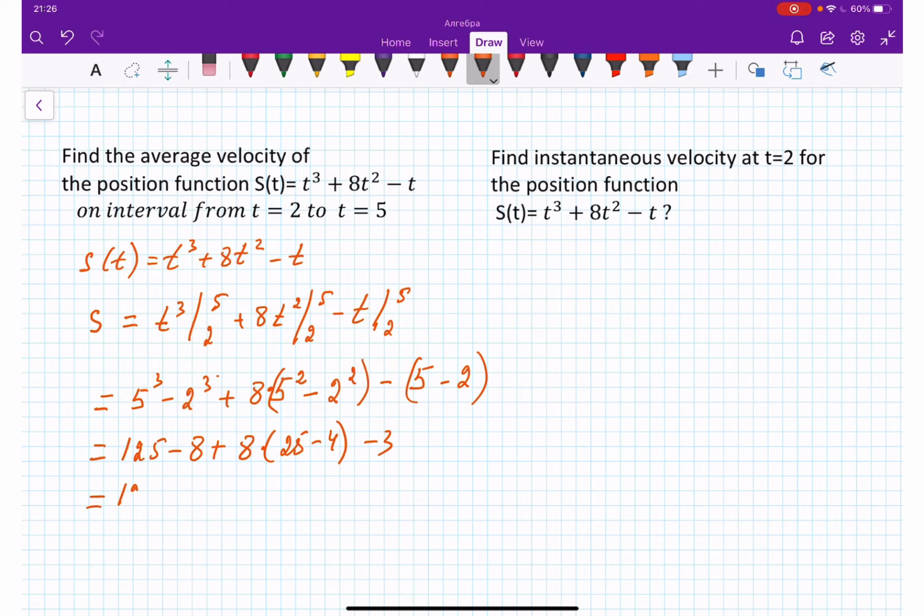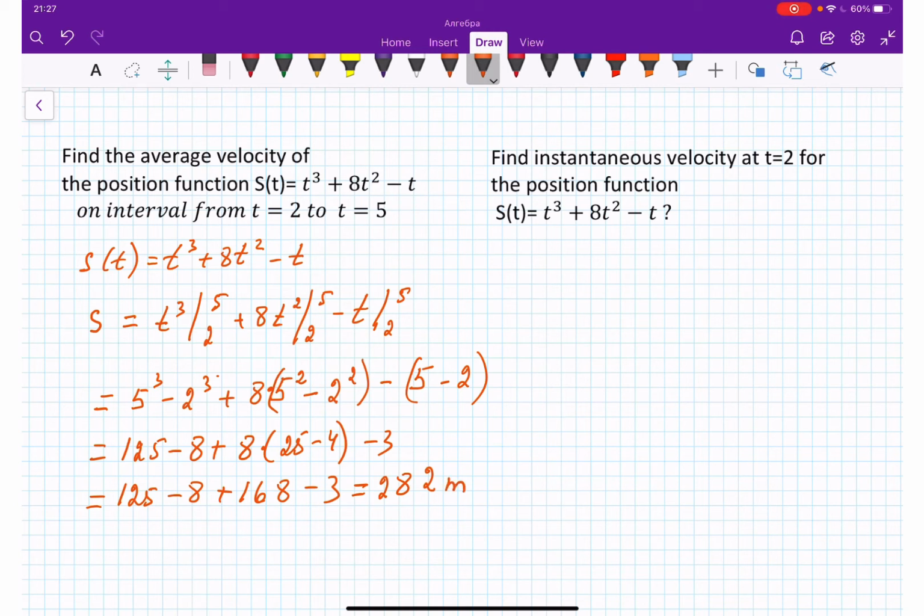Okay, 125. Let me do this one also. Plus, so we get what? 8 times 21, that's going to be 168, and minus 3. So the result is 125 minus 8 minus 3 plus 168, and that is going to be 282, whatever measurement it is, let's say meters.